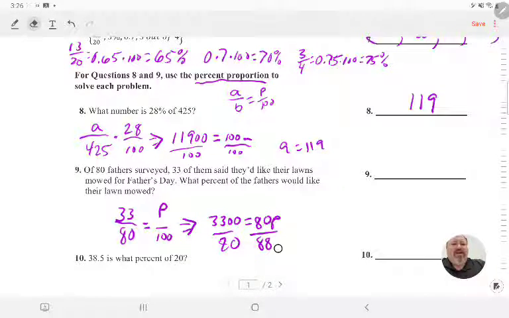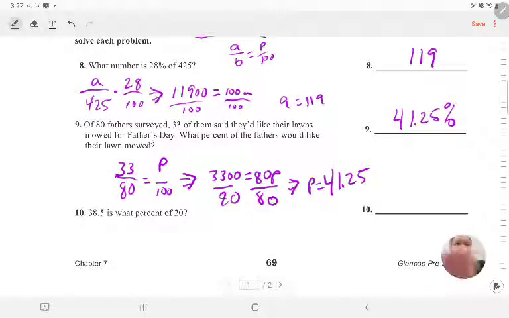Oops, I put 88. I meant 80. And P equals 41, ooh, that's ugly, 41.25. So it'd be 41.25%. Okay?